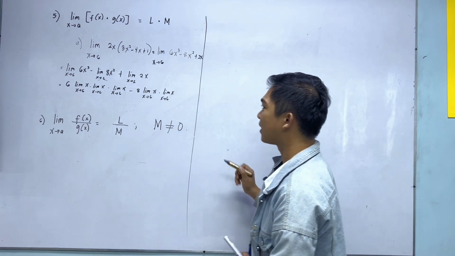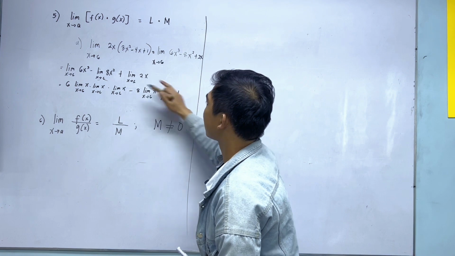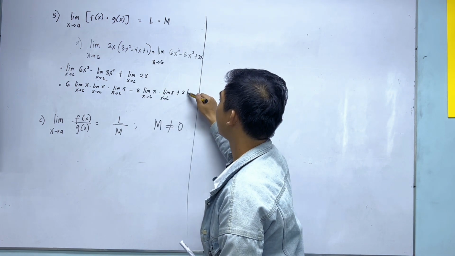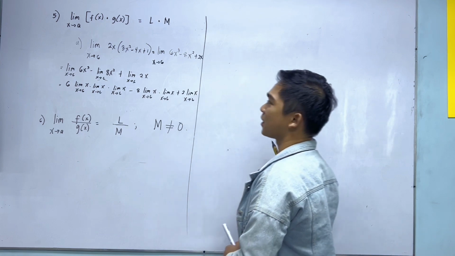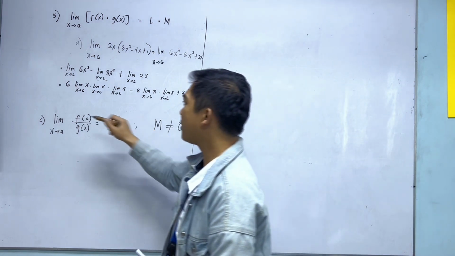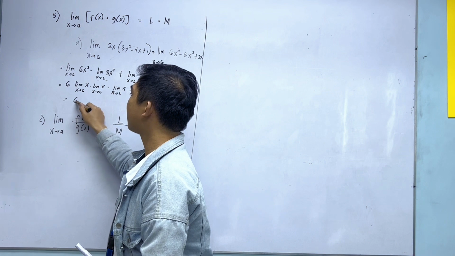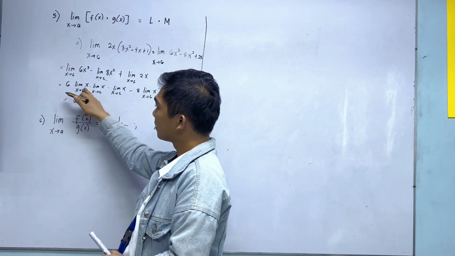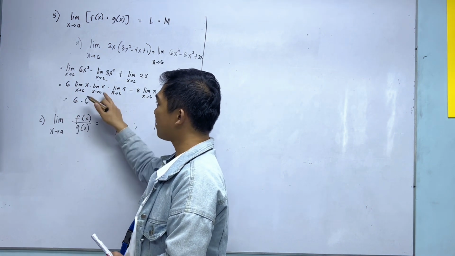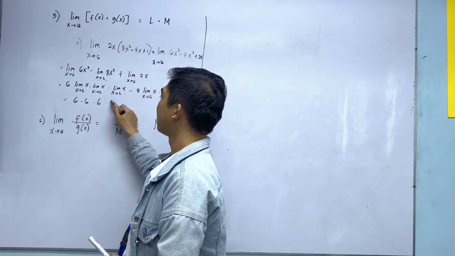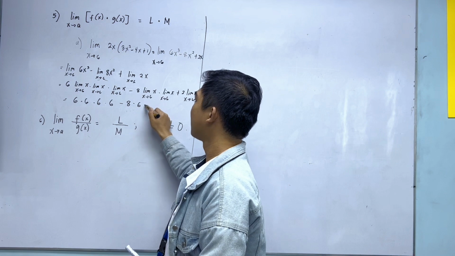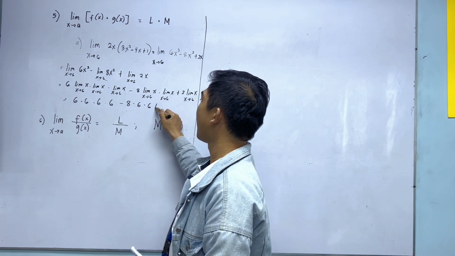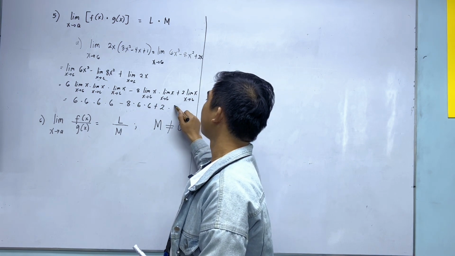Gusto nyo 6 eh. Plus 2 limit of x approaches 6. Ay, buti isa lang. Now we have 6 times 6 times 6 minus 8 times 6 times 6 plus 2 times 6.